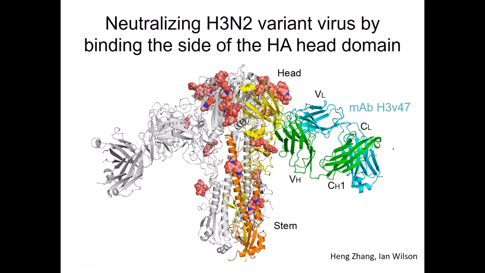The other use of antibodies like this, monoclonal antibodies, is to understand mechanisms of neutralization. So I've gone into detail about receptor binding domain antibodies that block receptor binding, and if you block attachment of a virus to a cell, that's probably the most efficient way.